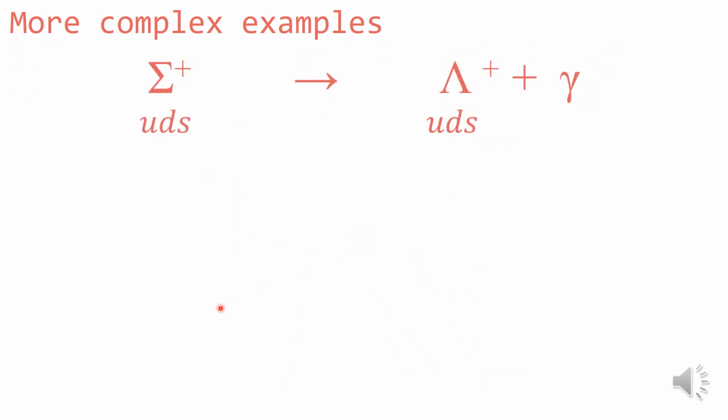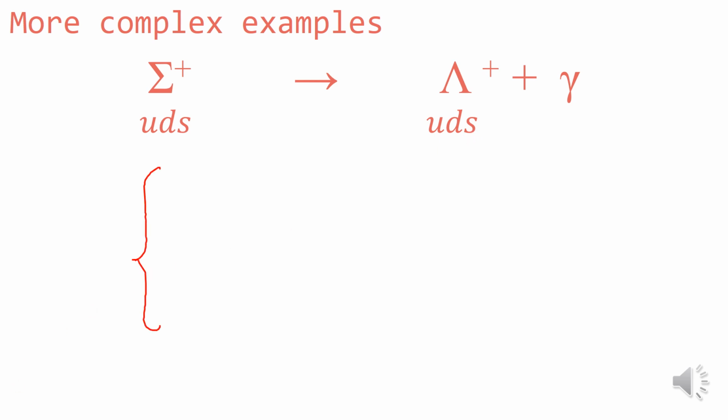This is our final example of the more complicated ones, and what we have here is a sigma plus becoming a lambda plus and emitting a photon. I've put the quark compositions down below, so we've got an up, a down, and a strange, so we know these are baryons because there's three. We've got an up, a down, and a strange here, and an up, a down, and a strange here.